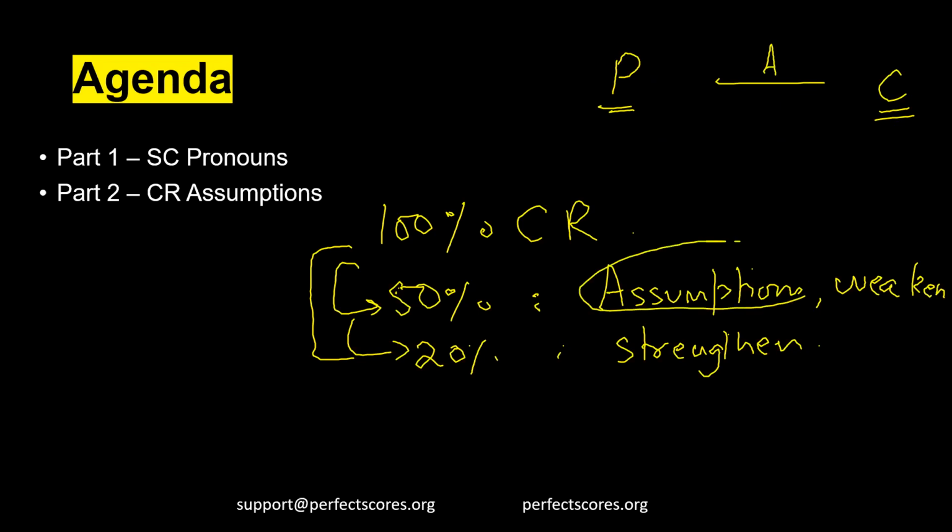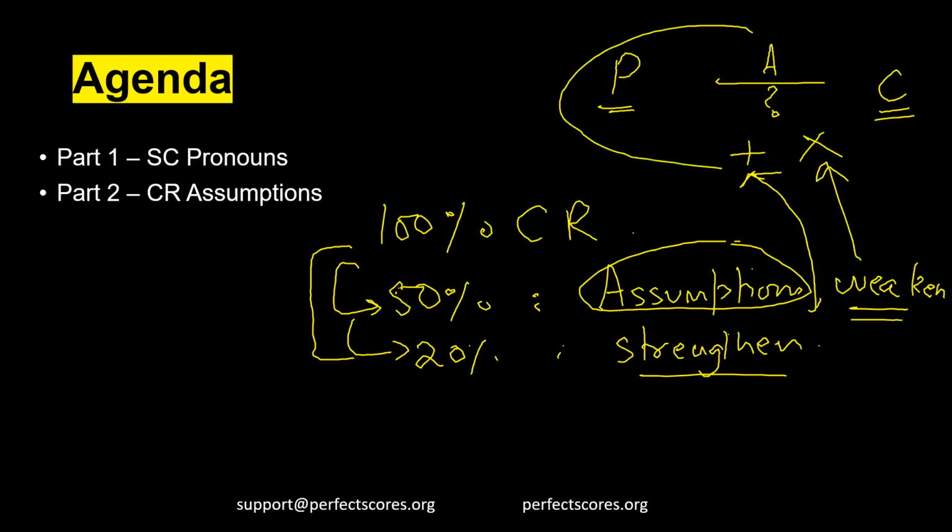In assumption questions, you identify what these assumptions are. In weaken questions, you attack these assumptions and show that they don't exist, or you do the opposite of what the assumption is saying. And in strengthen questions, you enhance these assumptions. You give examples of how those assumptions work.